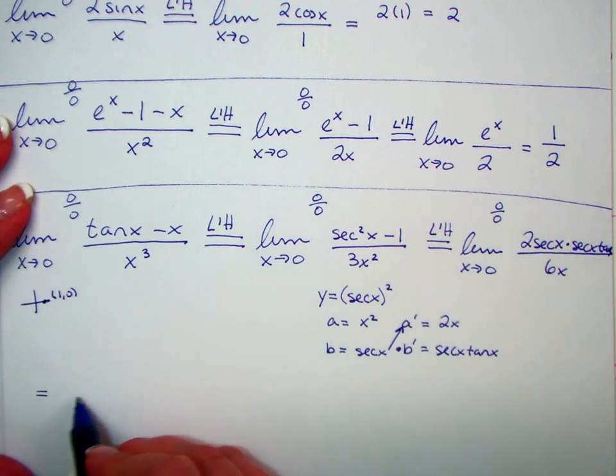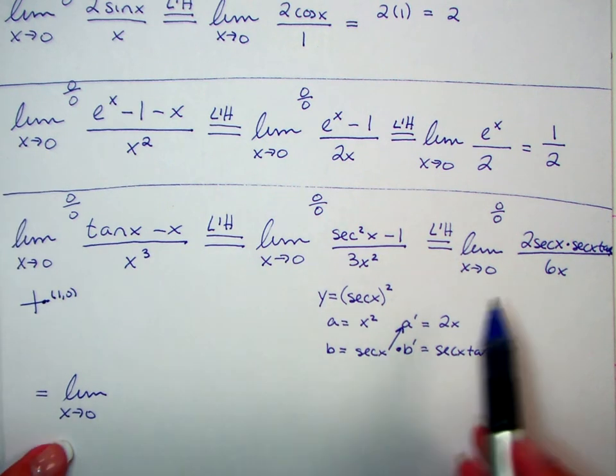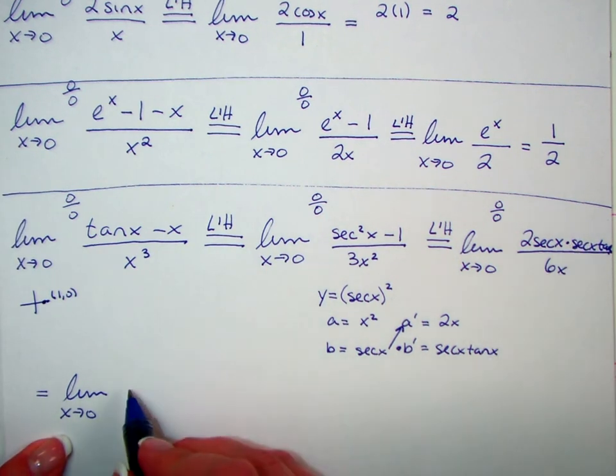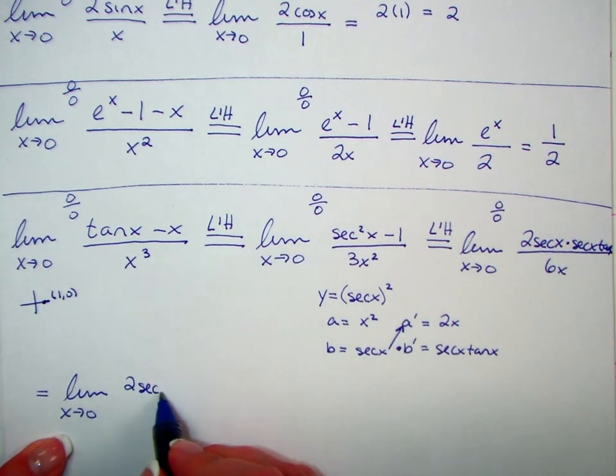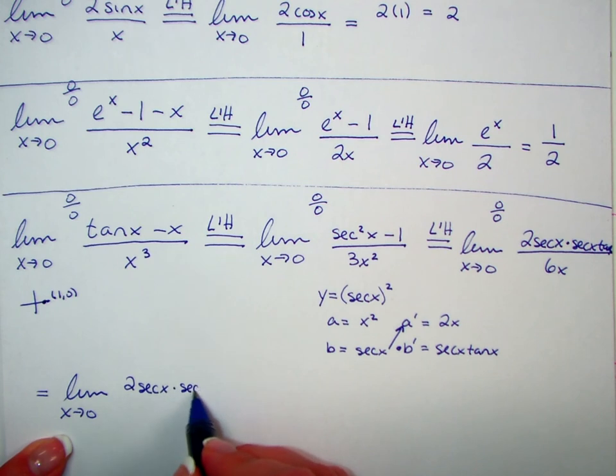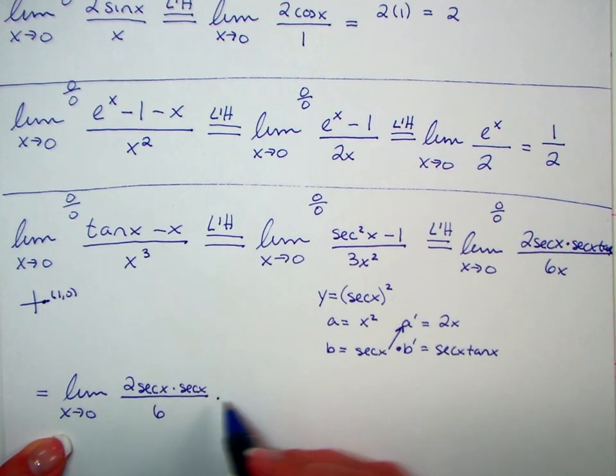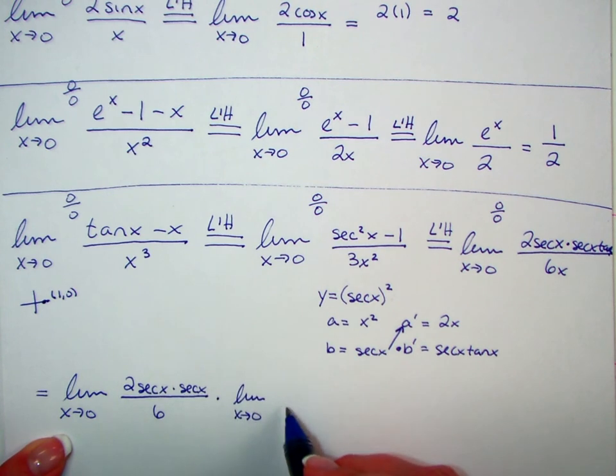Right, so I'm going to get the limit as x approaches 0 of 2 secant x over 6 times the limit of tan x over x.